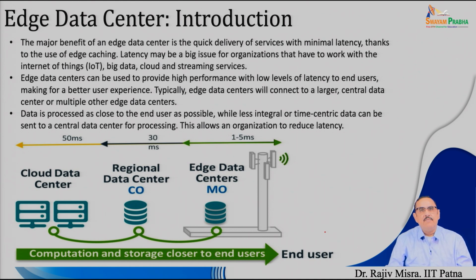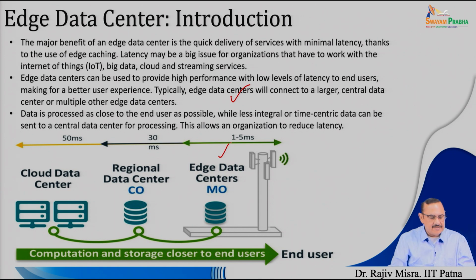Now, latency may be a big issue for organizations that have to work with Internet of Things, big data, cloud and streaming services. So, the edge data center can be used to provide high performance with a low level of latency to the users, making for a better user experience. Typically, the edge data center will connect to a larger central data center or multiple other edge data centers, and such examples are shown over here.